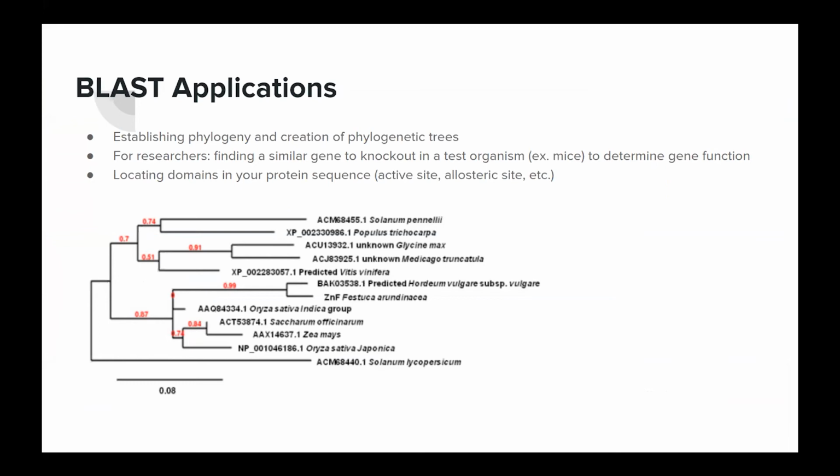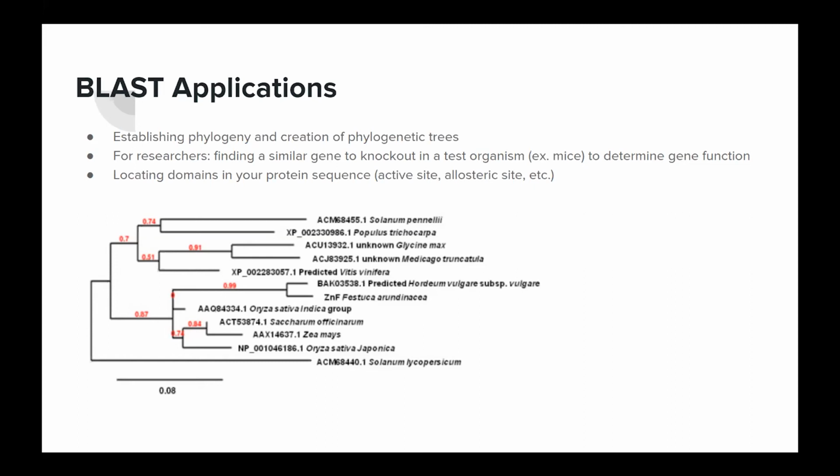And for researchers, finding a similar gene to knock out in a test organism to determine a gene function, that's very important, because when you want to knock out a gene in a test organism or find out a gene function, it better be accurate, because if you mess up, then you'll find the wrong gene function, of course.